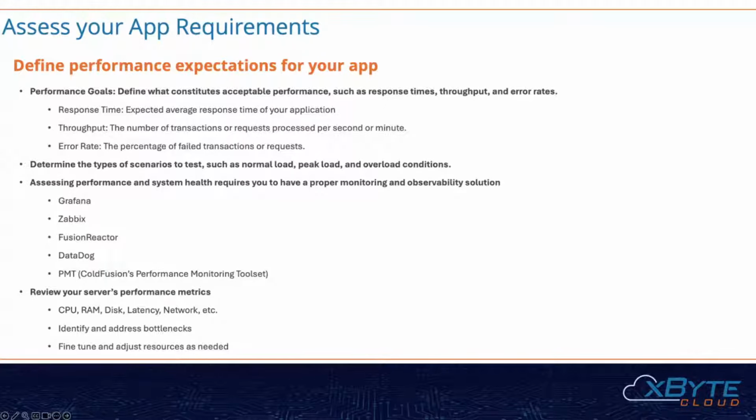Assessing your performance and system health does require that you have a proper monitoring and observability solution. There's tools out there like Grafana, Zabbix. We have Fusion Reactor, which I'm sure we've all heard of. You have Datadog, and of course, ColdFusion's performance monitoring toolset. All of these tools out there can be used to monitor endpoints.